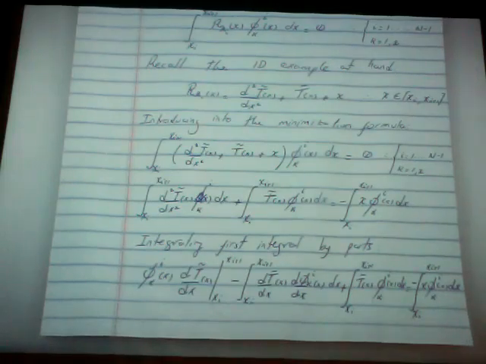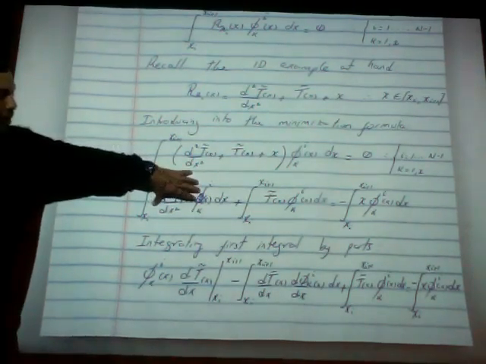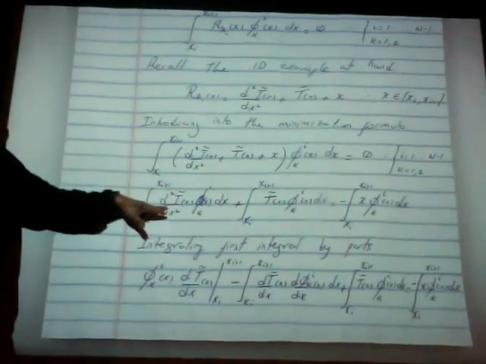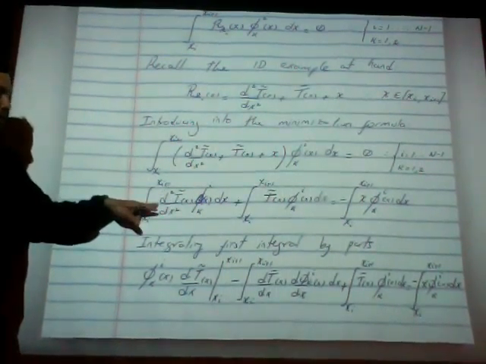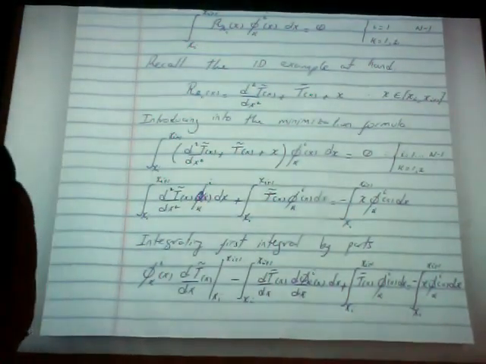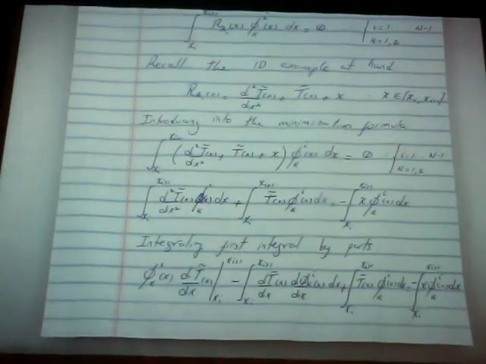All right, so I just took these and integrated by parts, where this is u and this is dv, right? The integral of u dv is uv minus the integral of v du, right?